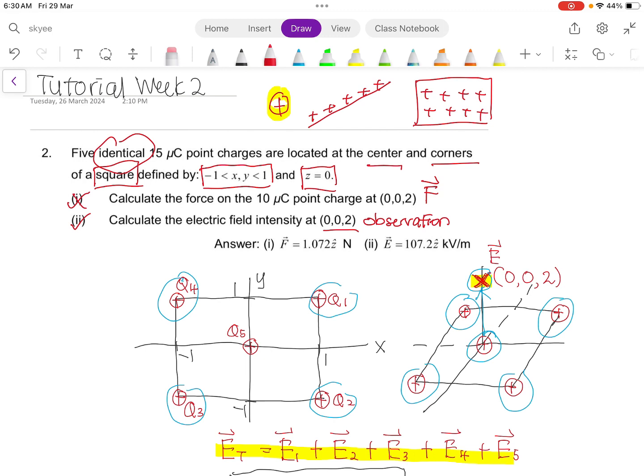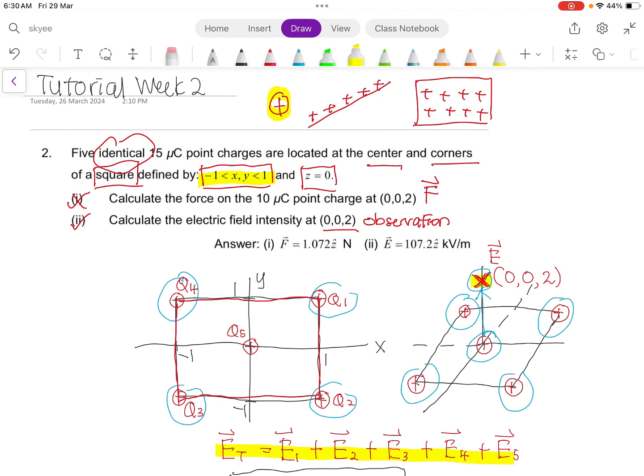On the right hand side you have the 2D drawing, and you can see the square. For the dimension of the square, you just follow what is mentioned by the question: x is from -1 to 1, y is also from -1 to 1.